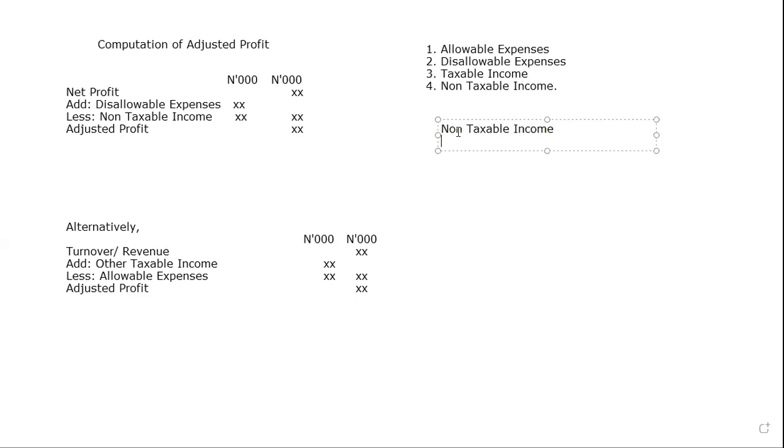Non-taxable income are those incomes that are, one, capital intensive income. Two, gain on disposal of qualifying capital expenditure. I'm sure everyone in this class knows the meaning of qualifying capital expenditure, right?